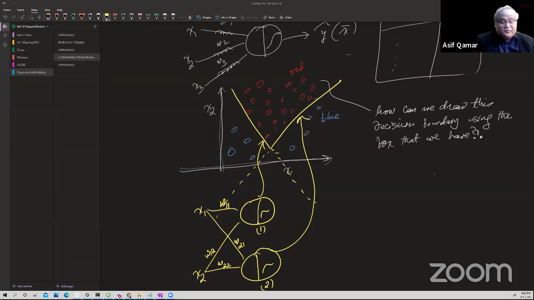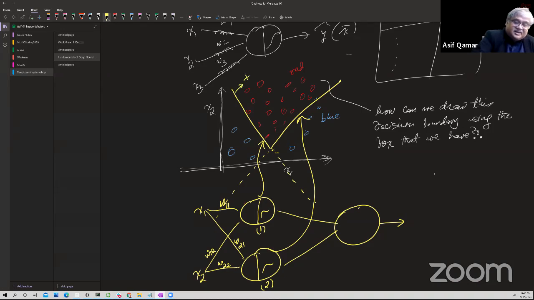What do you need to do now? Can we potentially take their output and massage it, for example, to produce that? Some intuition: for example, we can say that if both of them say it's on, let's say this is the positive side and this is the positive side, they both produce positive probabilities. You can put a threshold.